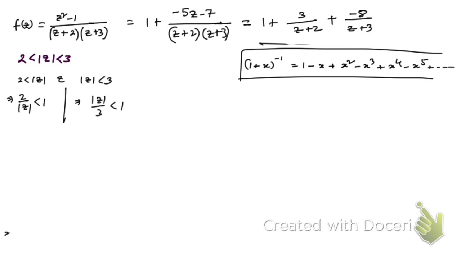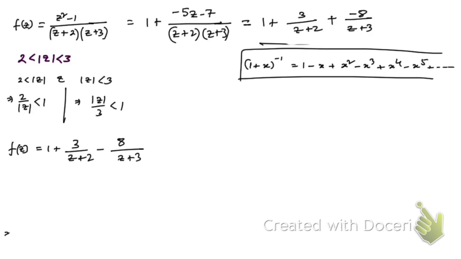So now f of z is equal to 1 plus 3 by z plus 2, plus, let me write here, minus 8 by z plus 3, right? In order to get 2 by z, from here we're going to take z common.